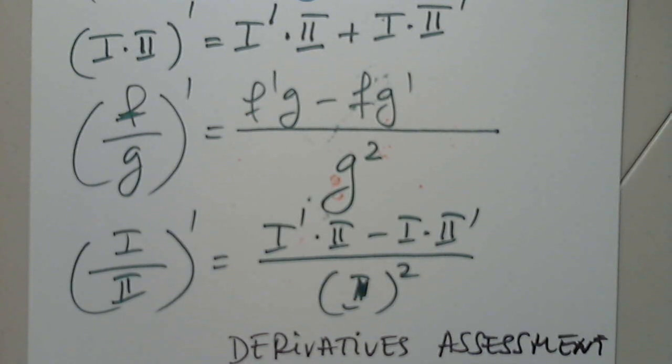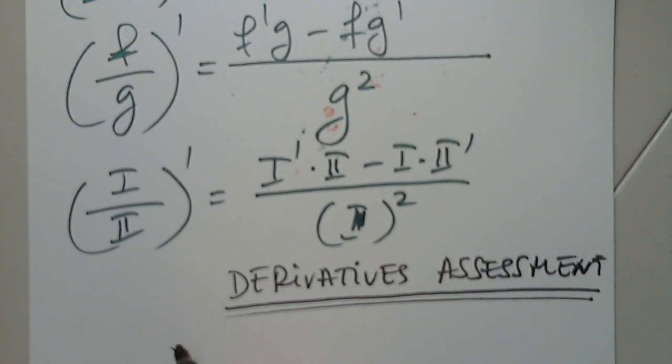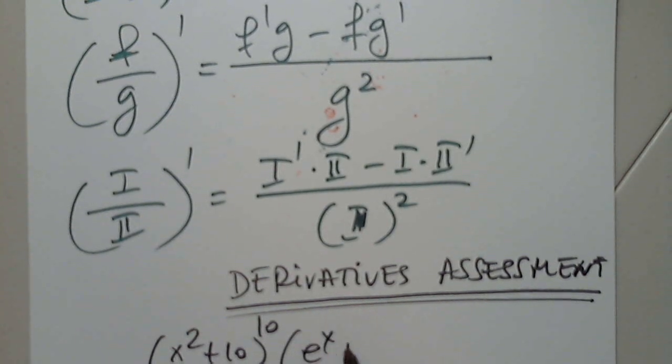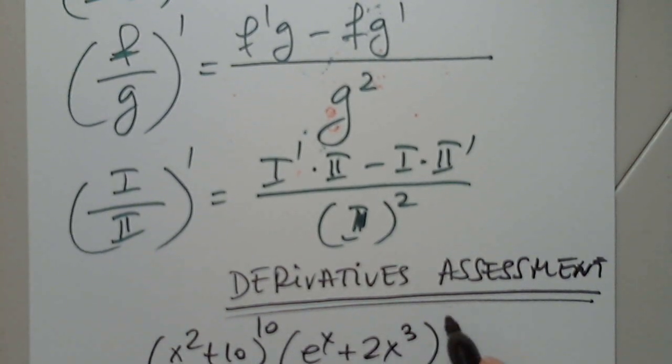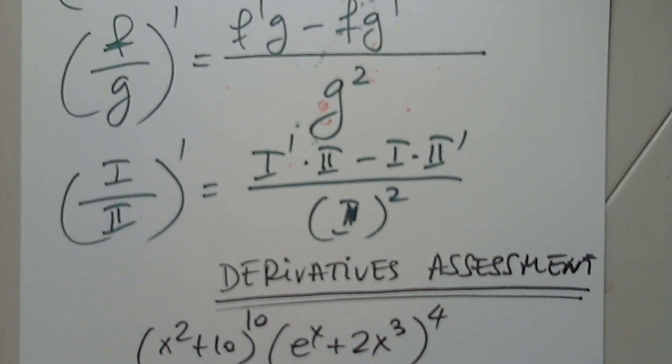But we are getting ready for differentiating something like this. So let's say I have x squared plus 10 to the 10th power and e to the x plus 2x to the 3rd to the 4th power. I will get old before I get to the answer. I again say I'm old already.